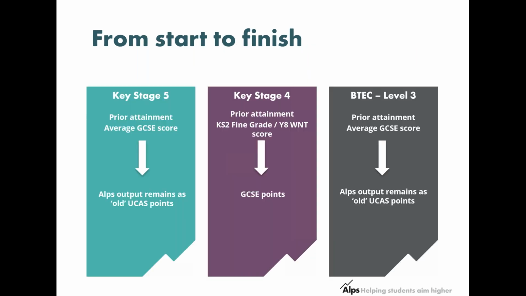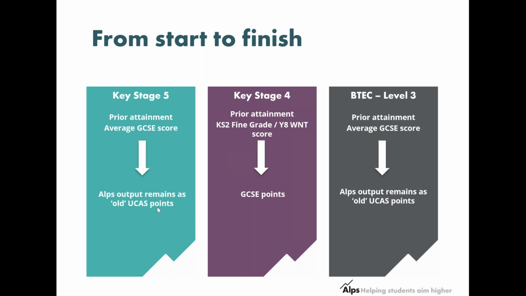Okay, so progress. So what does that mean? It means there has to be a start point and an end point. At Key Stage 5, whether you're doing A levels or BTECs, the prior attainment is the average GCSE score, just GCSEs. And the output score is the UCAS points.